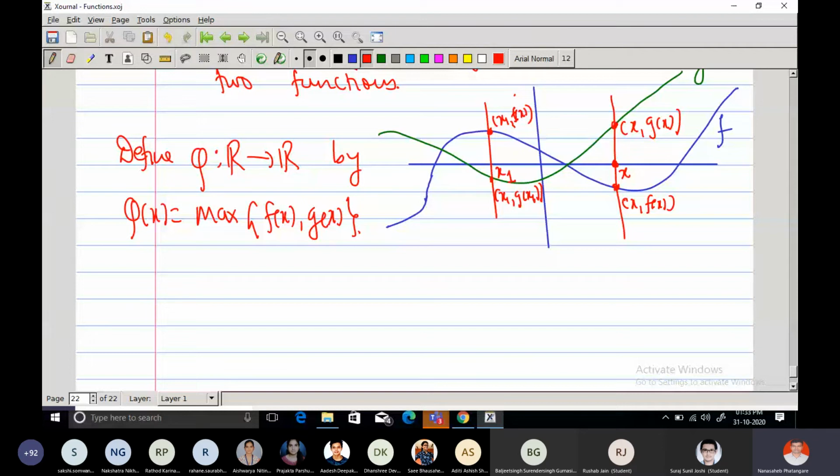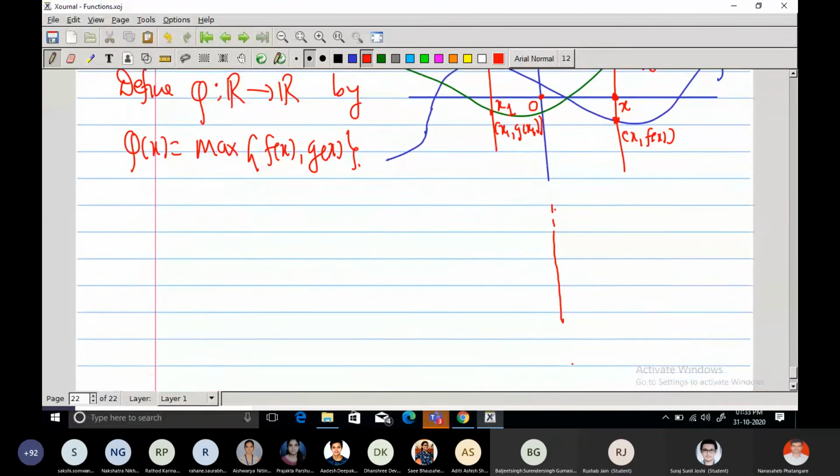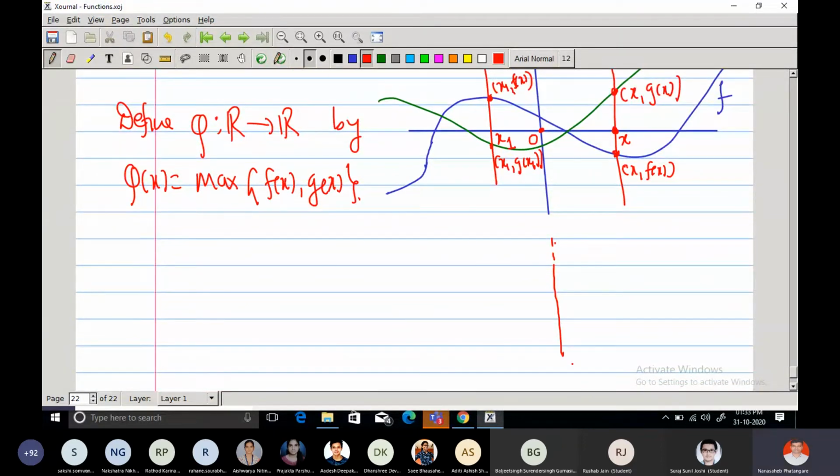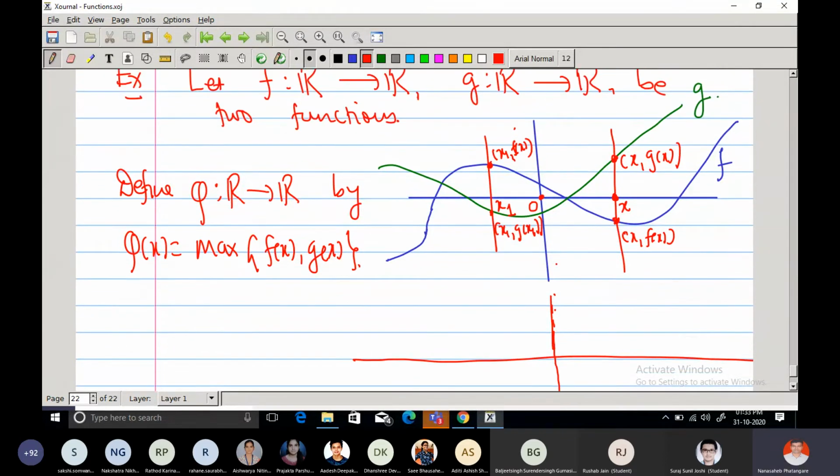Now what is the graph of this function? Can you see this function? This is the origin, right? (0, 0). Now I will just replicate the things above here, and now I want to draw the graph of phi(x).